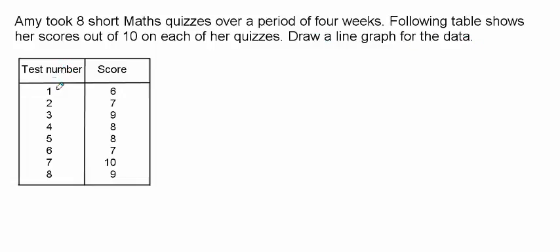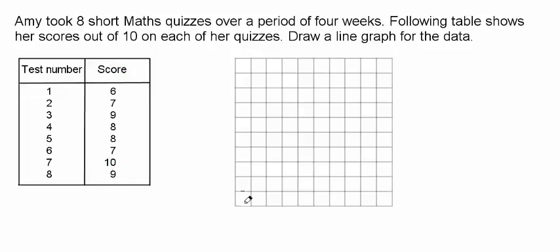And we have the test number on one side and her scores on the other side. Bring out a graph paper and let's represent the test number on the x-axis and the scores on the y-axis. So let me just write that down. This is the test number. And the test number starts from 1.